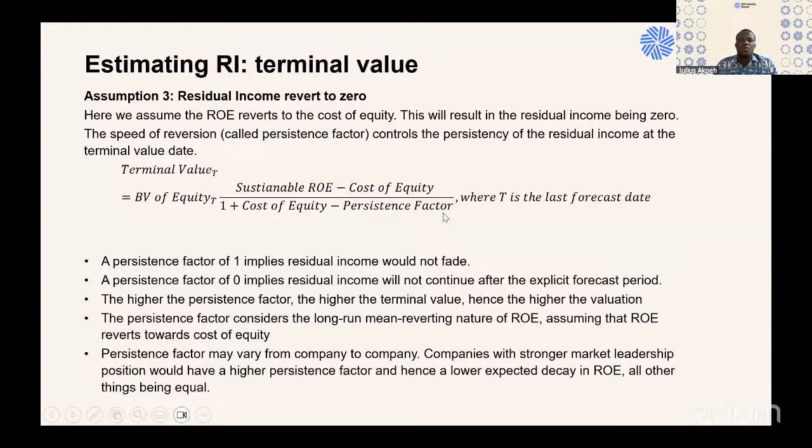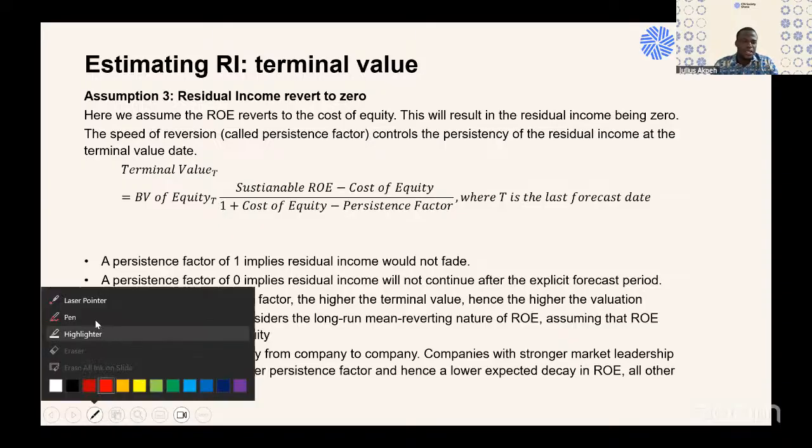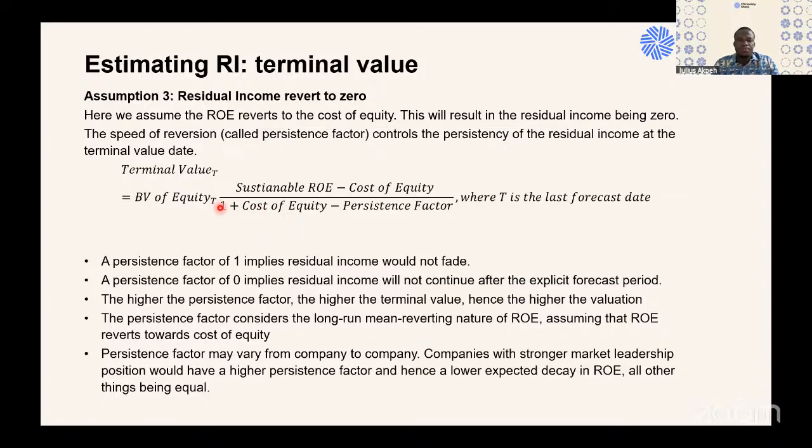Now, so it becomes easier for us to analyze the formula, suppose the persistence factor is 1. What happens? If the persistence factor is 1, then 1 minus this 1, let me use the laser pointer. Suppose the persistence factor is 1, then 1 minus this persistence factor of 1 will be 0.